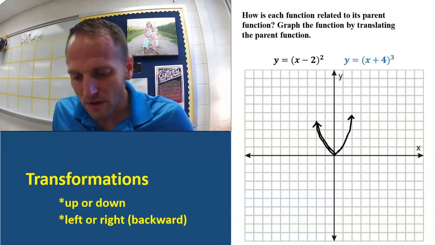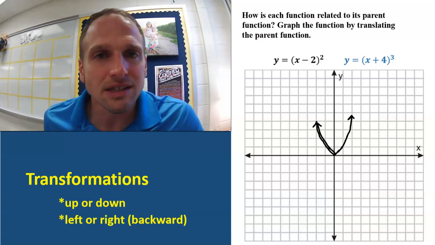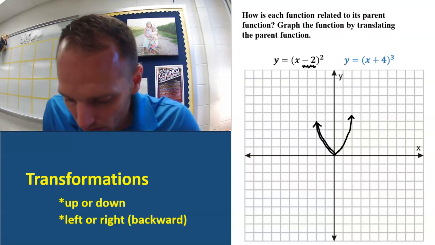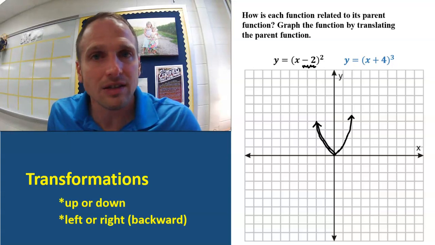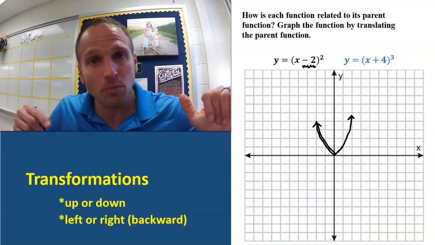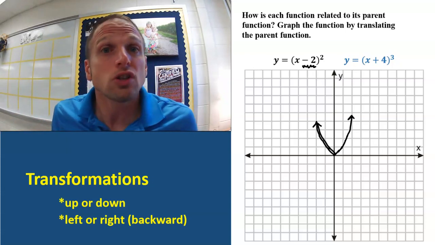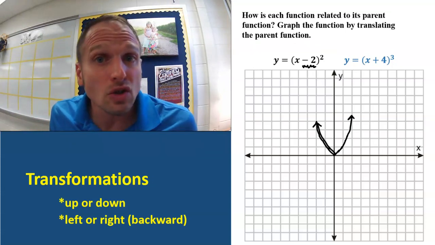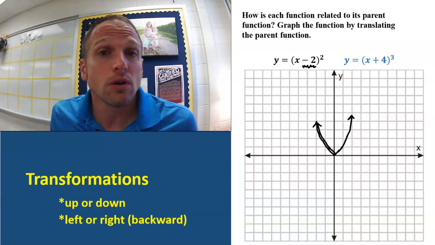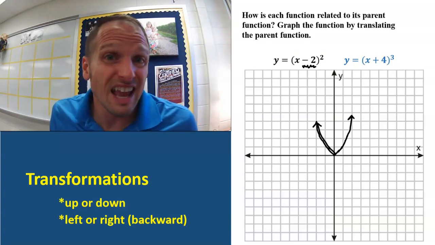That's our parent function. Now, since the minus 2 here is with the x, since it's with the x inside the parentheses, it's going to affect our x value going left or right. So since it's a minus 2, which way is it going to go? Well, negatives go to the left, right?